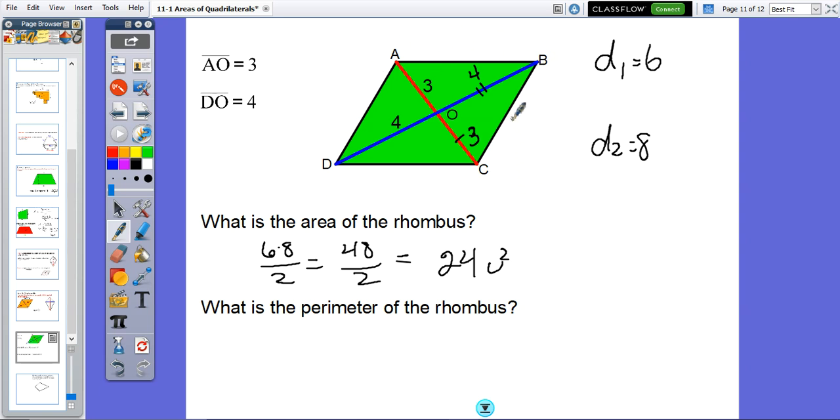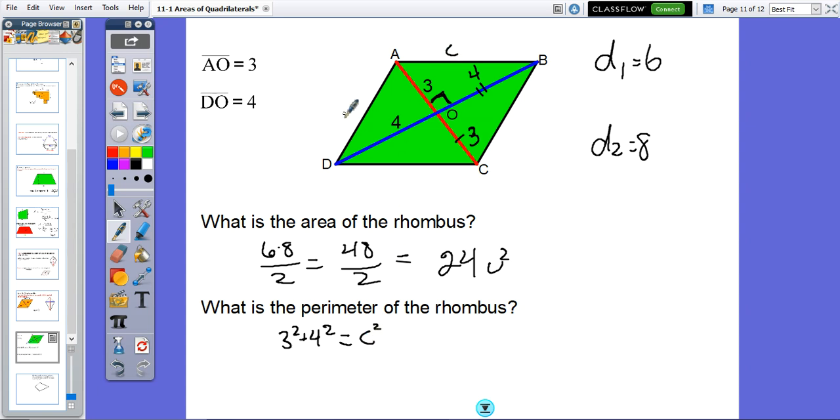How do we find that? Again, we have a right triangle right here, and two sides of the right triangle are 3 and 4, making the long side our hypotenuse. So we'll take 3 squared plus 4 squared, bringing in our Pythagorean theorem again, equals c squared.